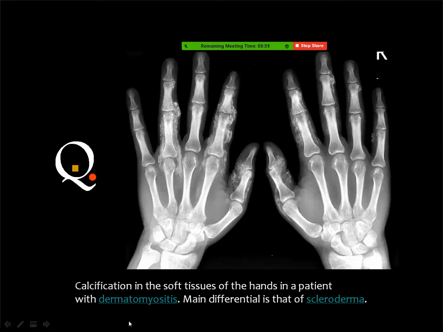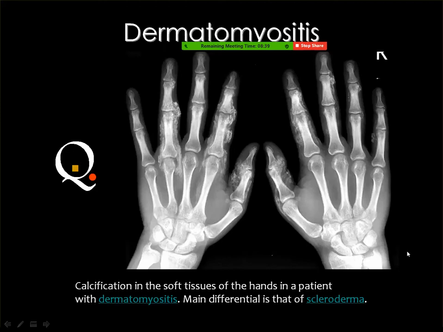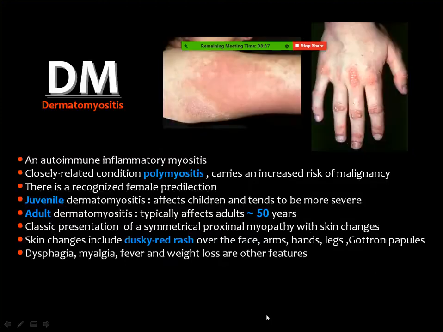Yes, dermatomyositis. The answer is shown actually. Here you have extensive calcification in the soft tissues around the fingers and also in the subcutaneous tissue, but the bones look normal and the joint spaces are maintained, and this is dermatomyositis. Dermatomyositis is an autoimmune inflammatory myositis affecting also the skin.